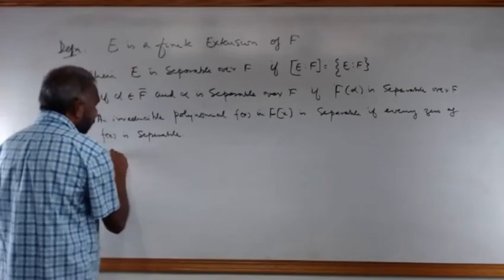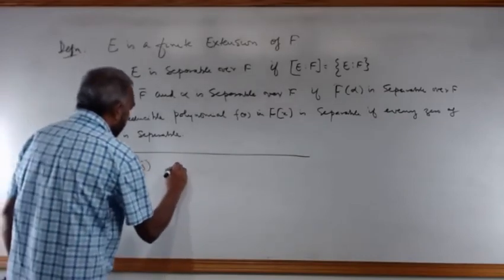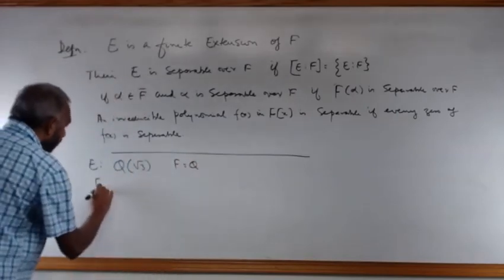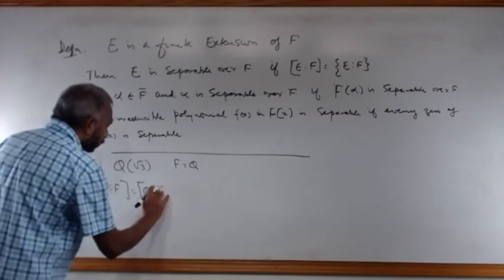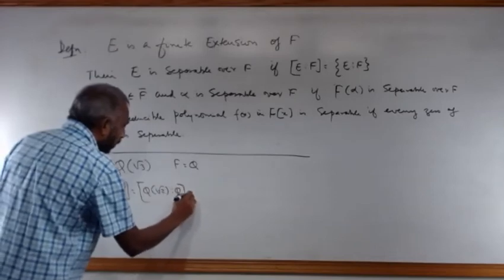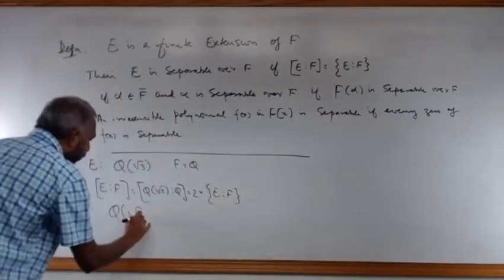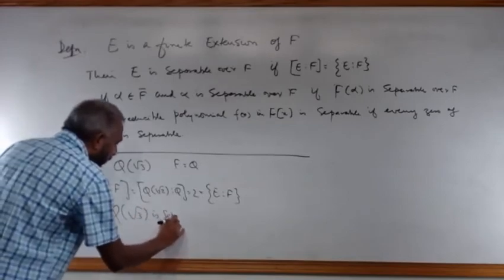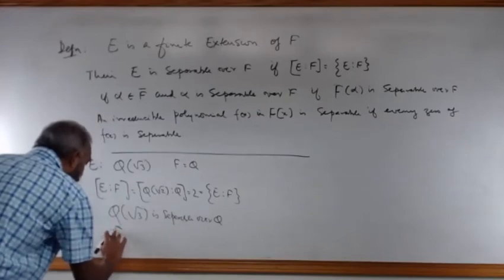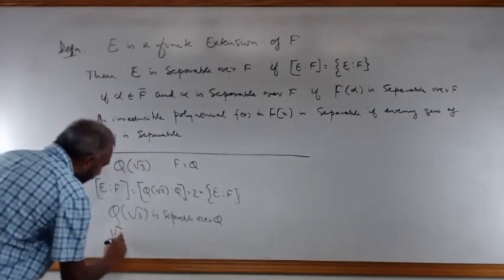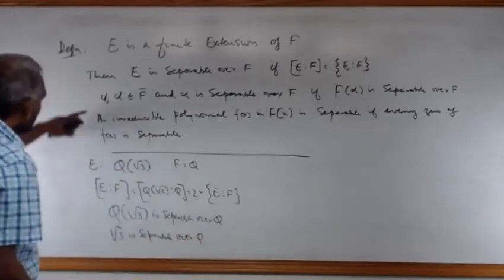We'll give you an example. Let's take Q(square root of 3) as our E and F equal to Q. Here the degree of E over F is equal to the degree of Q(square root of 3) over Q, and that is equal to 2, which is the same as the index of E over F. So Q(square root of 3) is separable over Q. Same as, square root of 3 is separable over Q. That is the second definition.